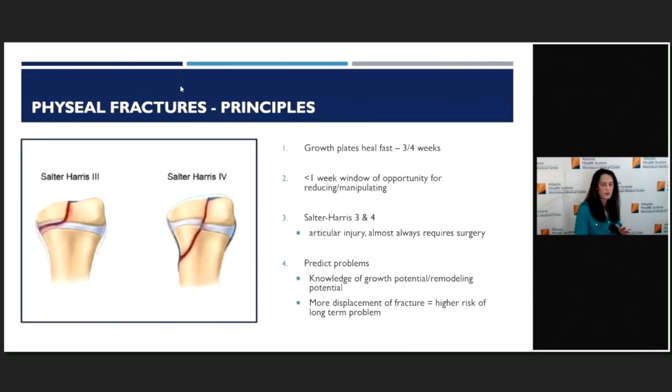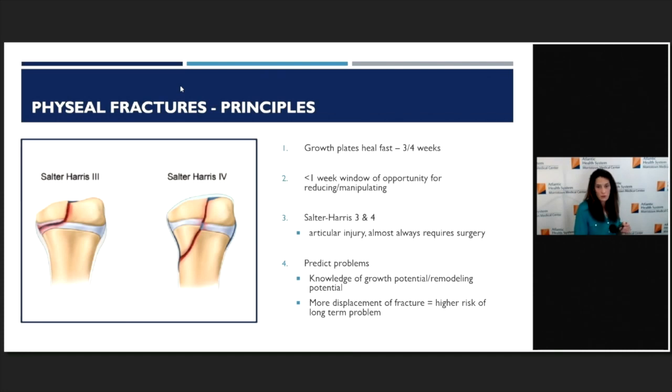Some basic principles about growth plate fractures that we want you to know are that, first of all, these things heal really, really fast, about 3 to 4 weeks usually. And you have a very small window of opportunity to do something about it if you need to. You have less than 1 week to be able to manipulate these things.